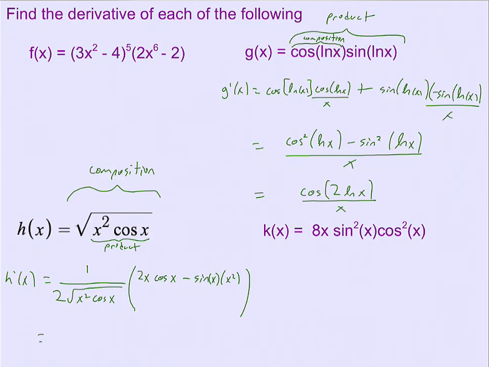And to clean it up, I will put the fraction together: 2x cosine of x minus x squared sine of x over 2 times the square root of x squared cosine of x. And there is a little bit more cleaning up I can do, because I can actually simplify that square root a little bit, but it gets complicated, so I'm going to leave it the way it is.